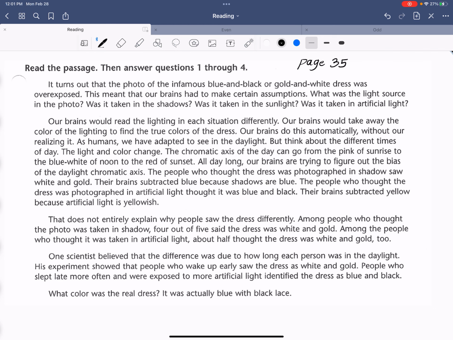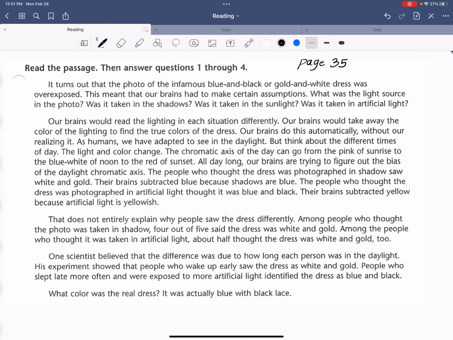It turns out that the photo of the infamous blue and black or gold and white dress was overexposed. This meant that our brains had to make certain assumptions. Was the light source in the photo? Was it taken in the shadows? Was it taken in the sunlight?